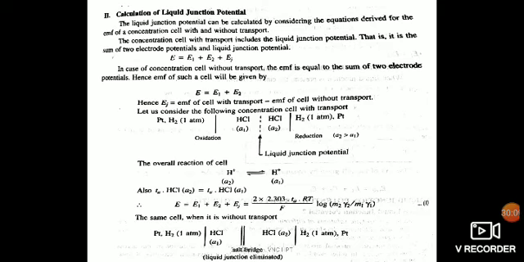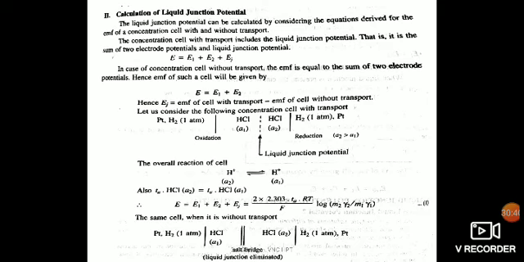The same cell without transport: here we use a salt bridge, and that is how the liquid junction potential is eliminated. The representation is platinum, H2 1 atmosphere bar, HCl of activity A1, then a salt bridge, then HCl of activity A2, bar H2 at 1 atmospheric pressure, platinum. You can observe that HCl of activity A1 and HCl of activity A2 are not in direct contact.